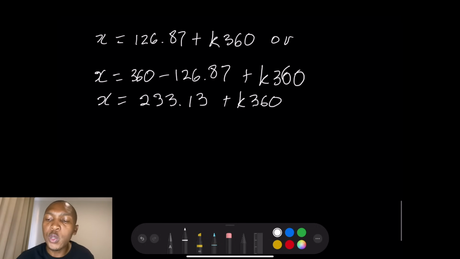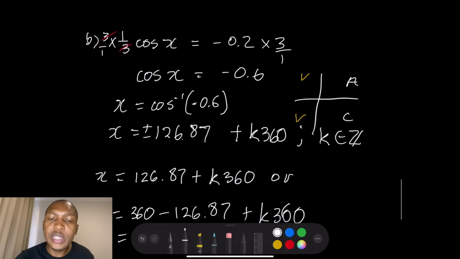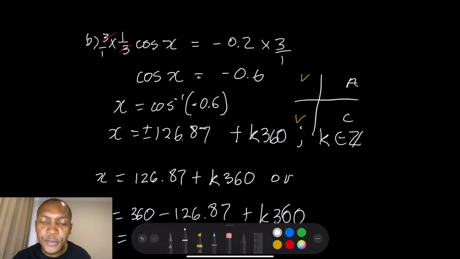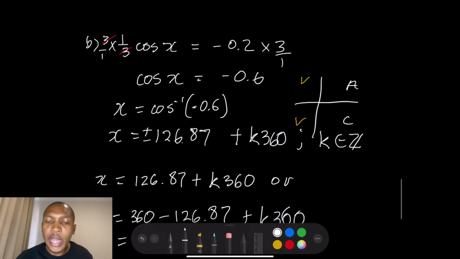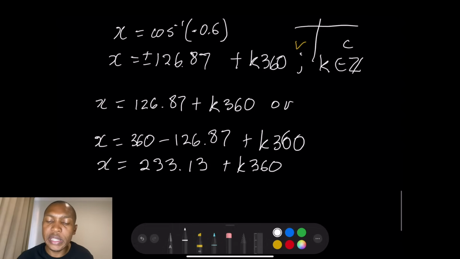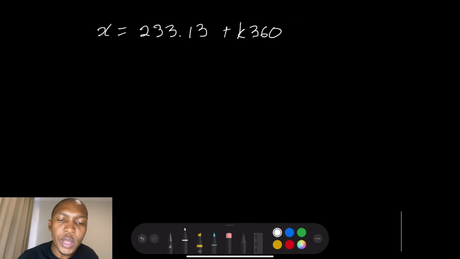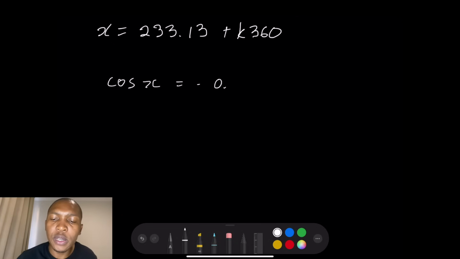Now, just another way, I just wanted to show this for future reference. What you could have also done here is just get a reference angle in the first quadrant. Now, please, I want you to listen carefully. So we ended up with cos of x is equal to minus 0.6. But what you can do is just omit the minus 0.6 so that it gives you a reference angle, and I'll explain why.